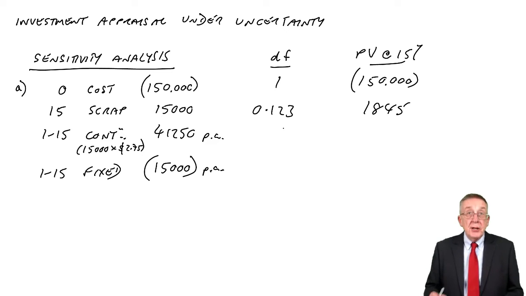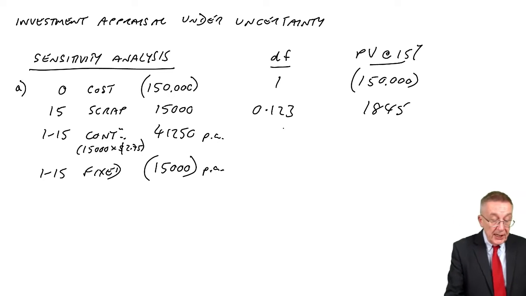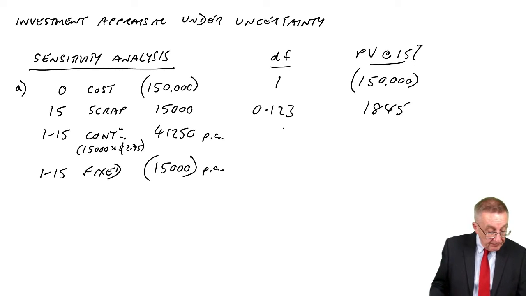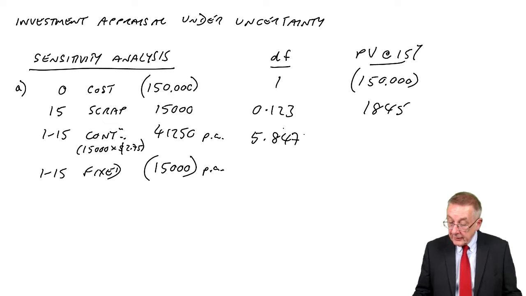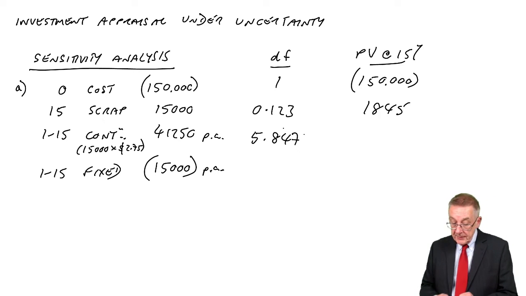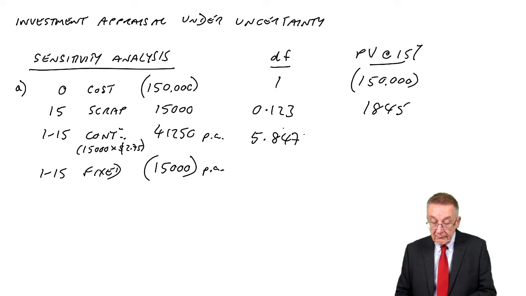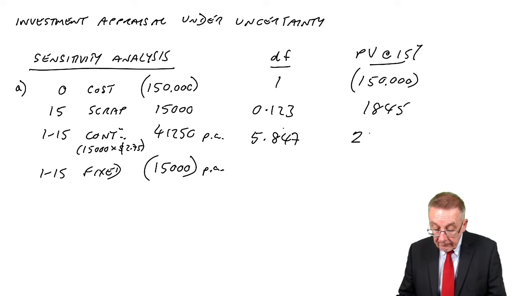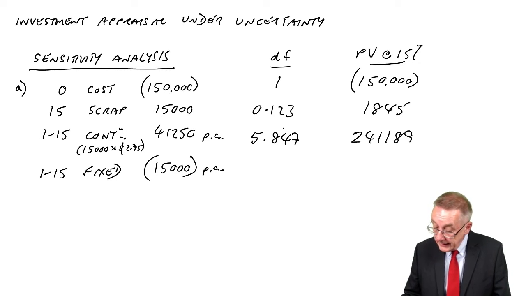The contribution, well, it's an annuity. So the annuity table's 15 years at 15%. The factor is 5.847. 41,250 times 5.847 is 241,189.